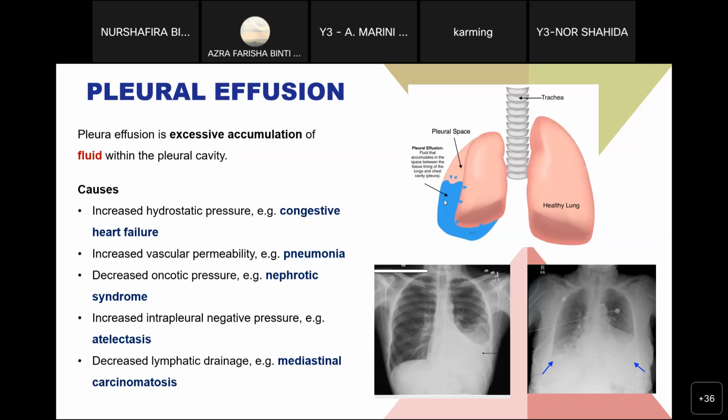This is a diagram of pleural effusion, and the one below is a diagram of pleural effusion on chest X-ray. You can appreciate pleural effusion from the loss of the costophrenic angle.